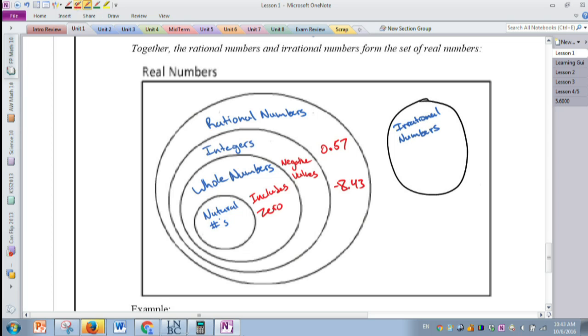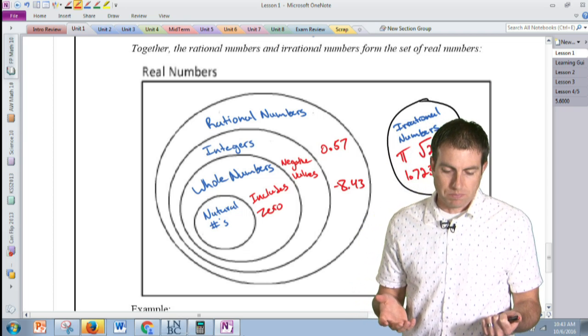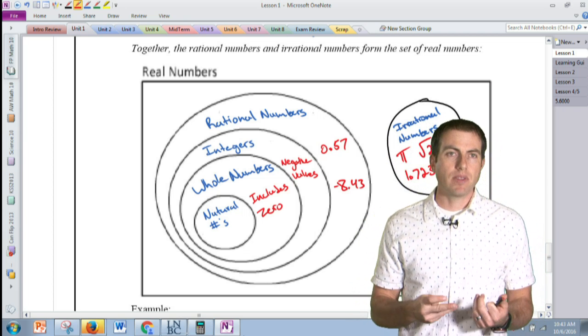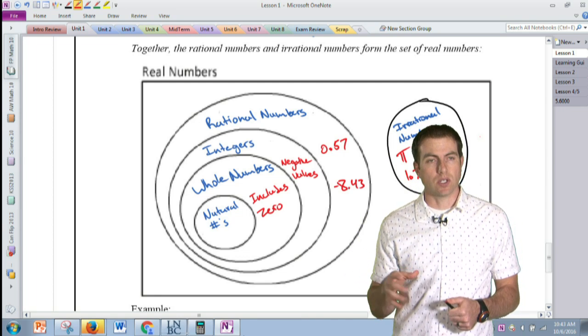Irrational numbers are things like pi, the square root of 2, 1.72395, continuing on forever. Okay, so that's the real number system. Every number that we have that's real can fit into one of these circles.